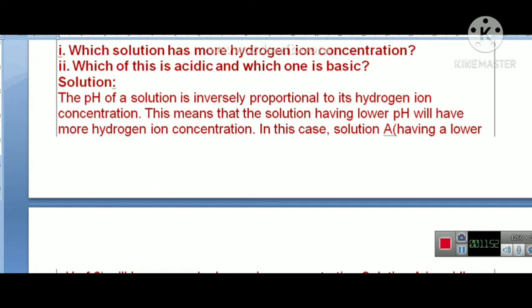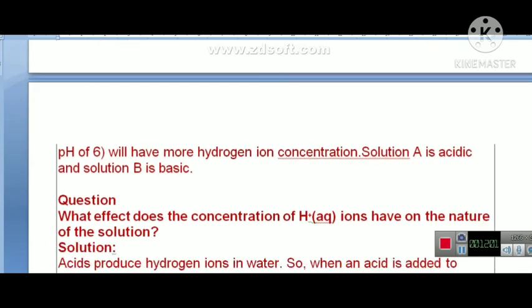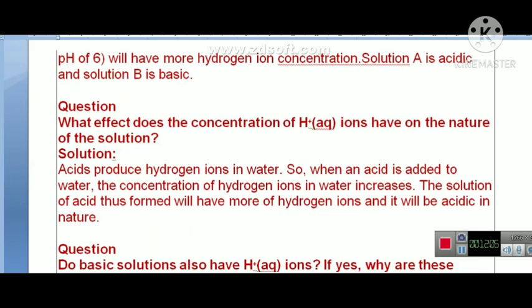In this case, solution A has pH lower than 7, so it will have more hydrogen ion concentration, and solution A will show acidic and solution B will show basic nature.